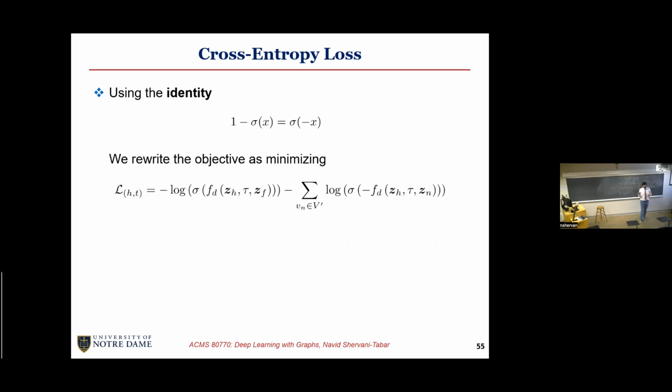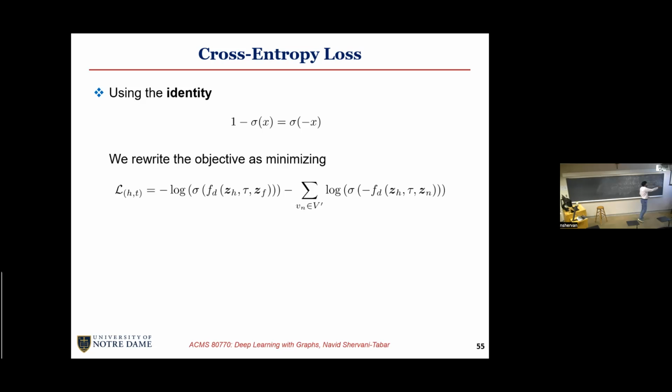And we note that for the sigmoid function we can use this identity: 1 minus the sigmoid of x is equal to the sigmoid function of the negative of that value.